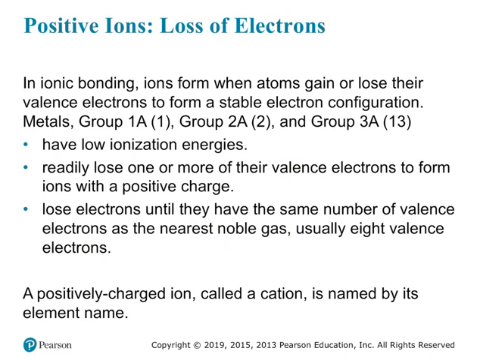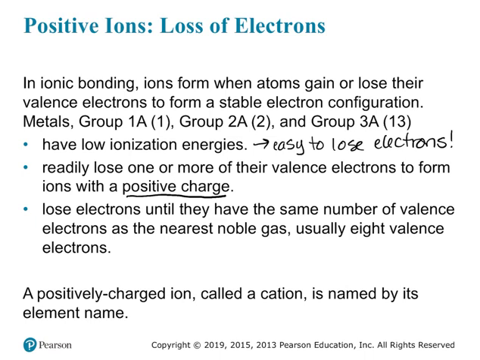So in group 1A, group 2A, and group 3A, we have metals. And metals have low ionization energies, so that means it's really easy to lose electrons. So they don't need a lot of energy in order to lose their electrons. So when they lose one of their electrons, they form a positive charge.